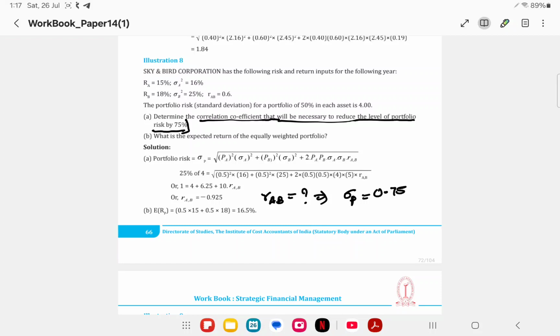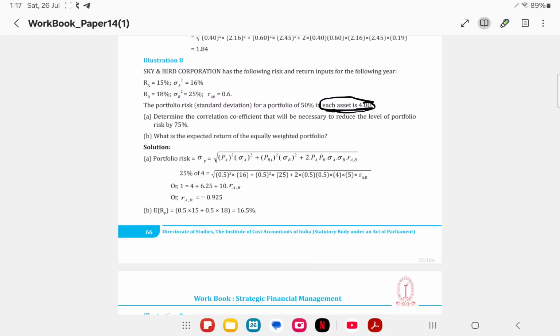Since the portfolio risk is given as 4%, they are saying reduce it to such an extent that it becomes 25% of this. So you have to calculate this.